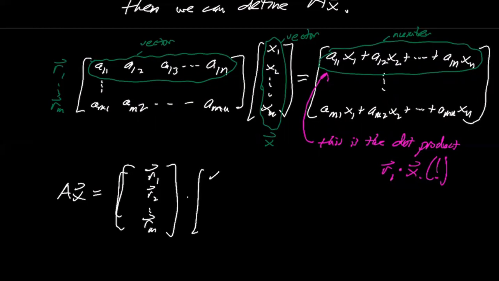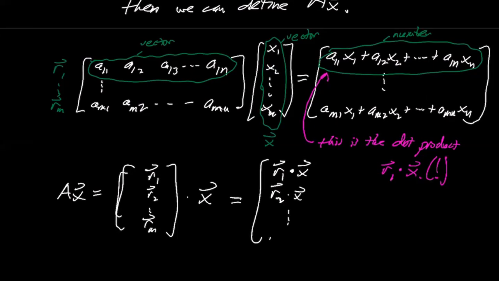Notice over here, these are all row vectors. These numbers are just going to be entries. Actually, I don't even want to write this, I just want to write X. It's really R1 dot X, R2 dot X. And honestly, if you multiply a matrix times a vector by hand, this is the way you end up doing it.